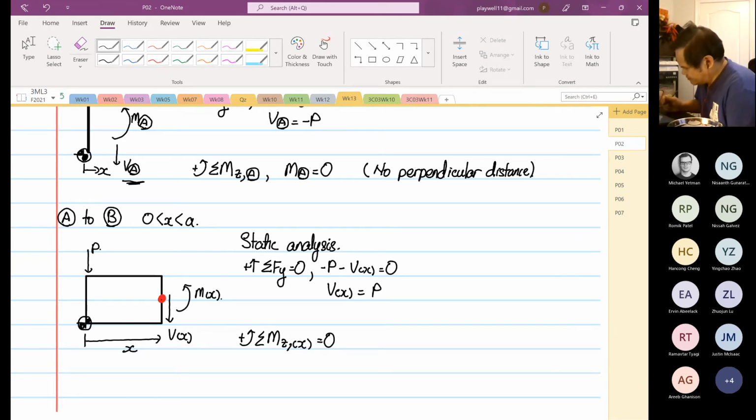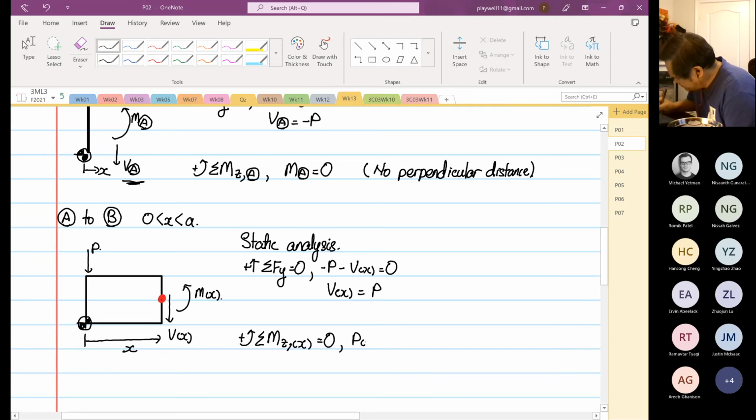So when that's the case, now we have P over X, P multiplied by X, which is a constant, right? So it's going positive, Px, not P as a function, sorry, Px plus M as a function of X is equal to 0.